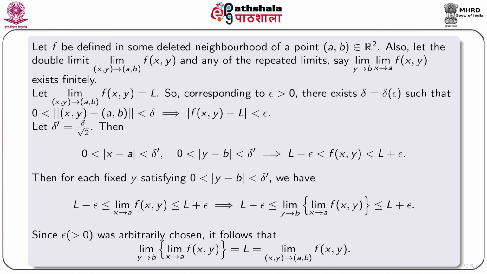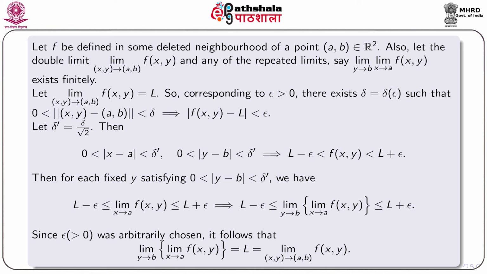We take delta dash equal to delta by root 2 and consider those (x, y) such that 0 is less than modulus of x minus a less than delta dash and 0 is less than modulus of y minus b less than delta dash. Such neighborhoods are called rectangular neighborhoods. And we can check that whenever (x, y) is in such a neighborhood, we have L minus epsilon less than f(x, y) less than L plus epsilon.